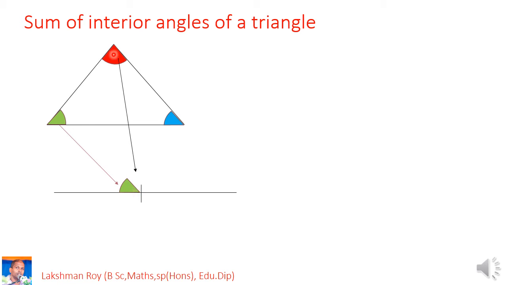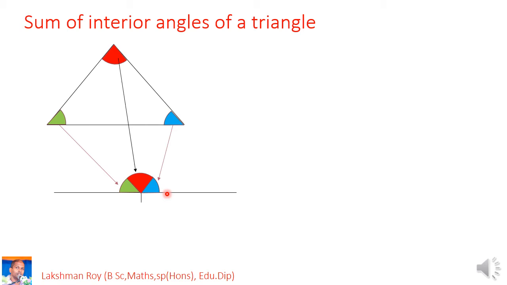Then I cut this angle, the red colored one, and put it at the same point, this way, along with this one. Then I colored the third angle also, this one, and put it this way. Now it is fixed onto the straight line.